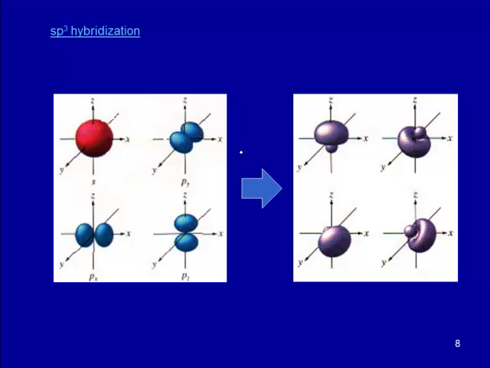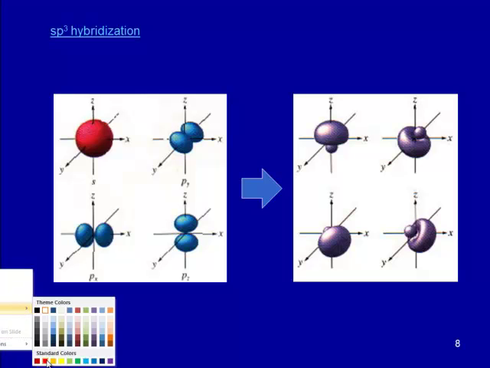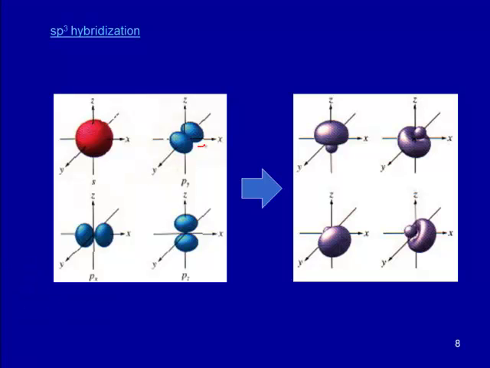And when we mix them together, remember, those lobes have positive and negative signs associated with them. For the s, it's always positive, so there will be positive and negative, positive and negative. When you carefully mix those 4 atomic orbitals together, you will have 4 hybridized orbitals.